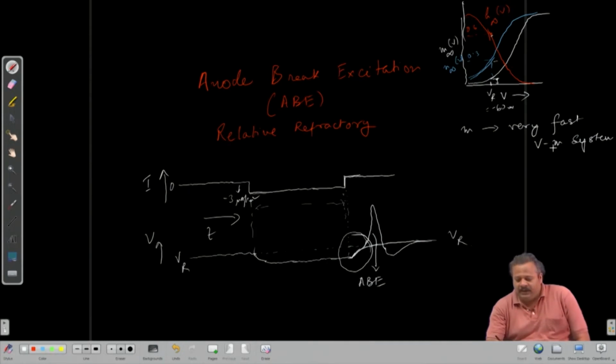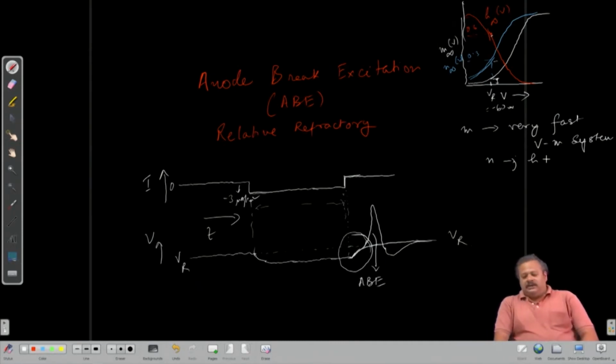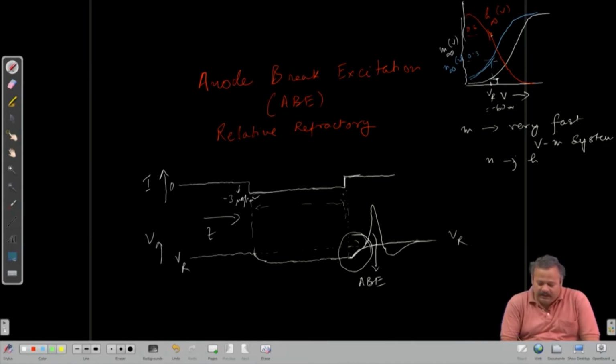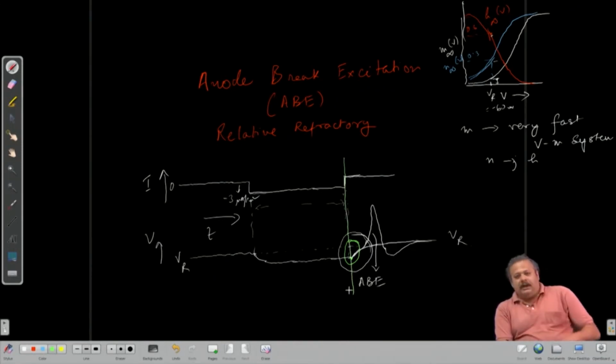So again we consider N and H to be fixed at the initial value, but now instead of at V rest, we consider the situation when the current clamp is being ended, shown with the green line.